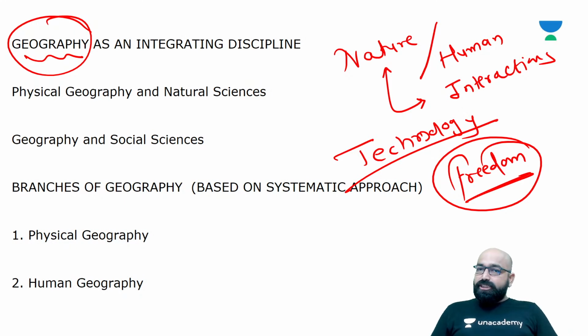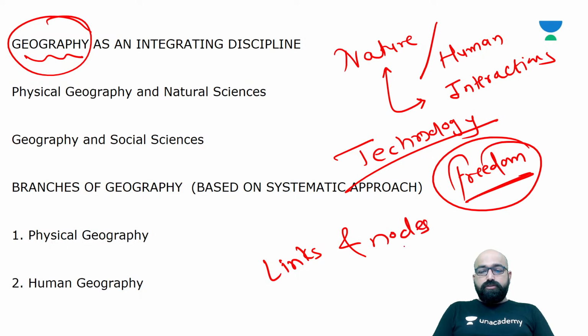The space got organized with the help of means of transportation and communication networks. The links and nodes integrated the space, and gradually it was organized as a social science discipline. So geography studies the spatial organization and spatial interaction or integration.